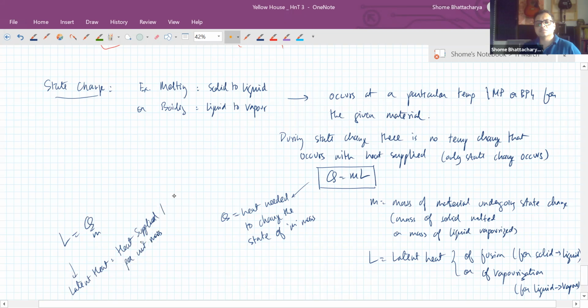So heat supplied for state change per unit mass. That is why latent heat is measured in joules per kg or calories per gram. So these are the two formulae that we use in calorimetry.